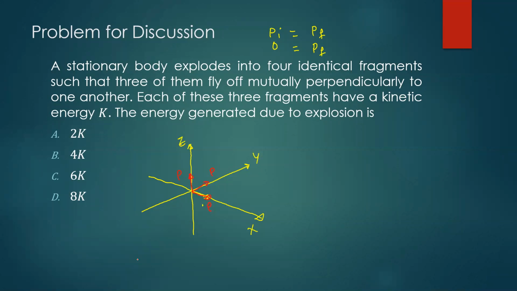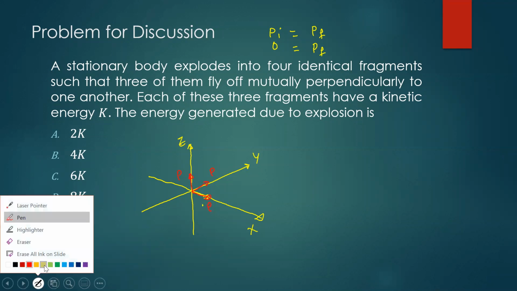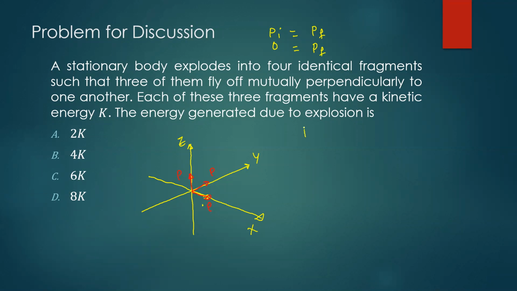Now, if I take the vector sum for the 3 particles, I can write vectorially the linear momentum as p into i cap plus j cap plus k cap.